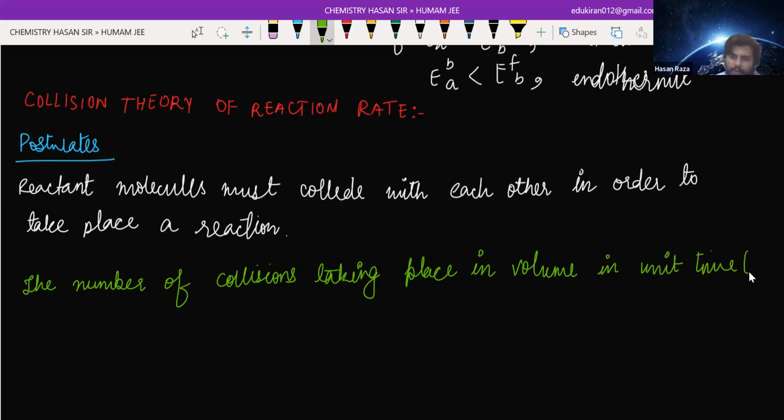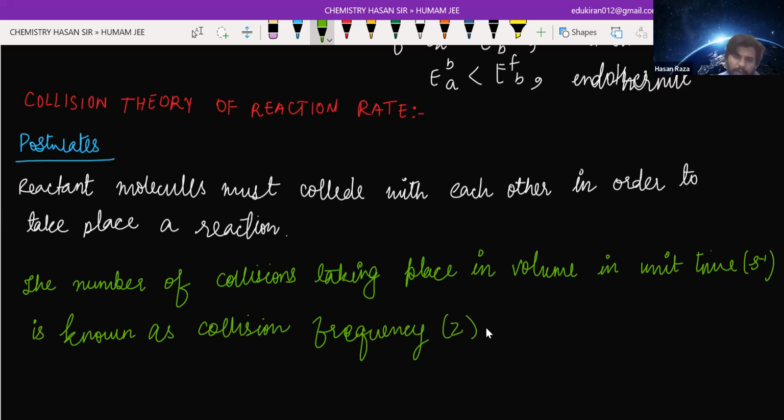That means basically per second per meter cube you can take, is known as collision frequency. So basically, what is collision frequency, that is generated by Z, is collision per unit volume per unit second. That is called collision frequency.